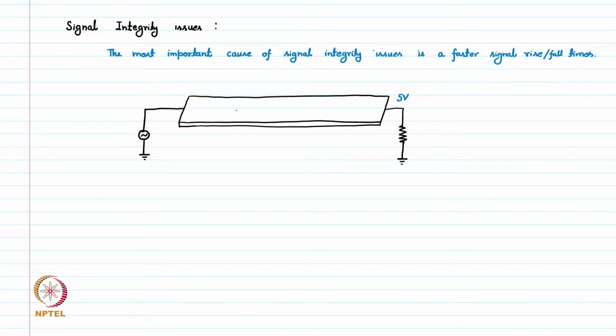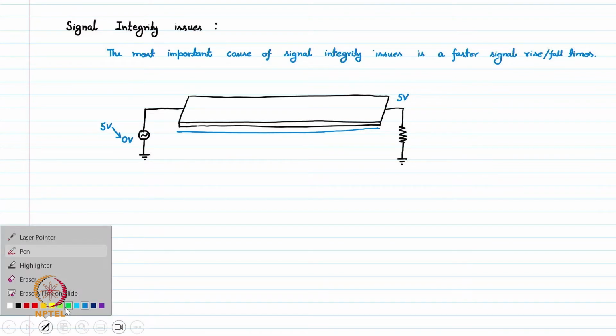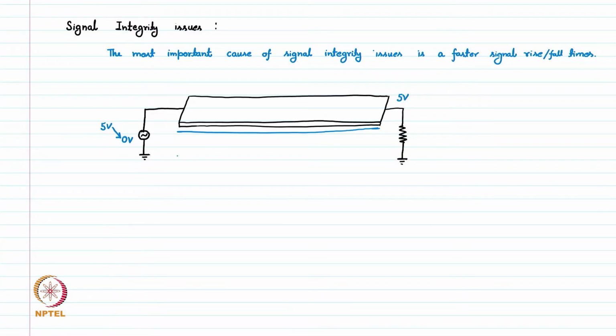Throughout this length of trace we had this 5 volt, and suddenly we pulled this signal from 5 volt to ground. So initially let's say this was the 5 volt, and suddenly we pull it down here.